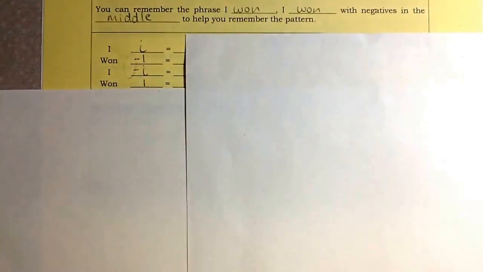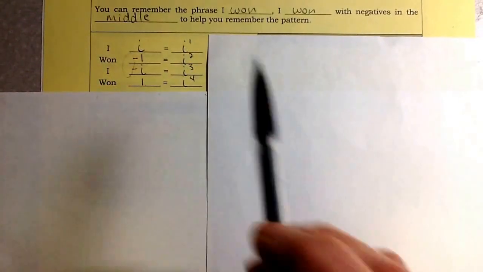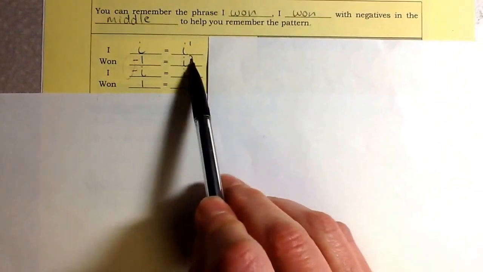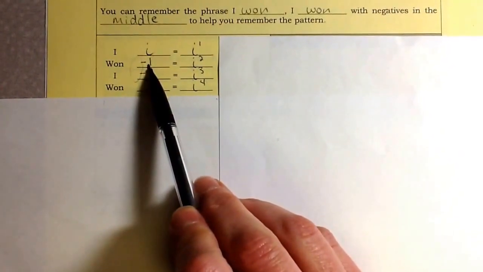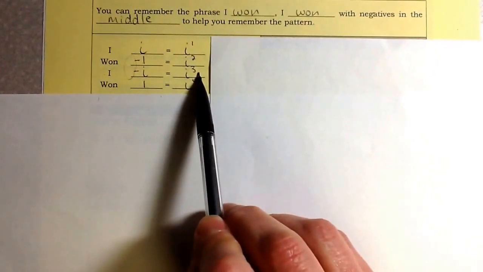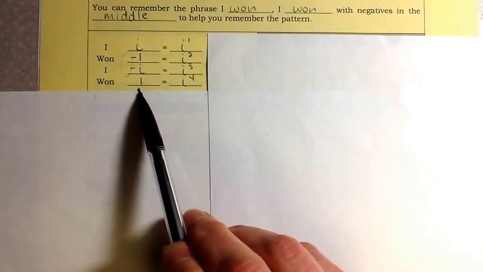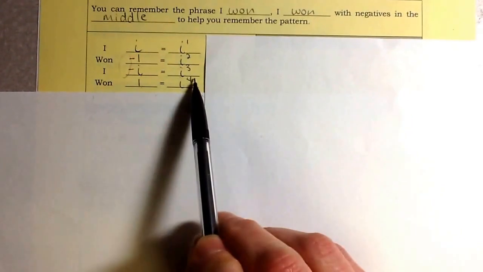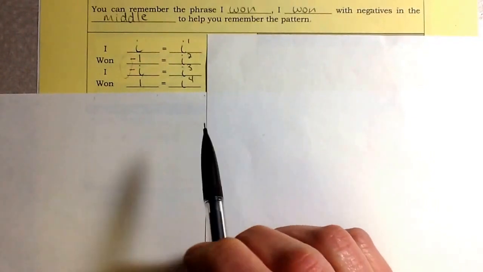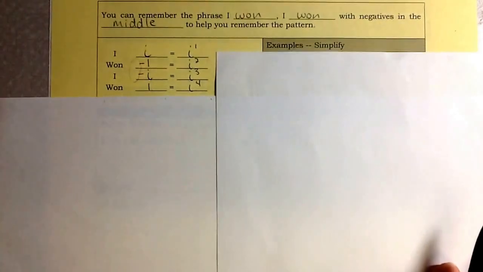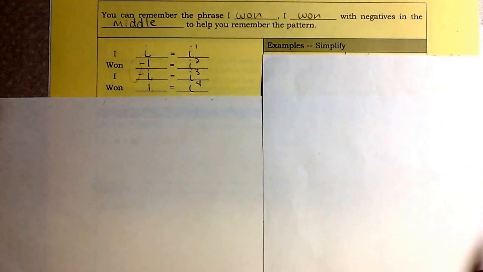So i to the first power is i, i squared, you should know by now, is -1, i cubed simplifies to -i, and i to the 4th simplifies to 1, because every 4th power of i is 1.